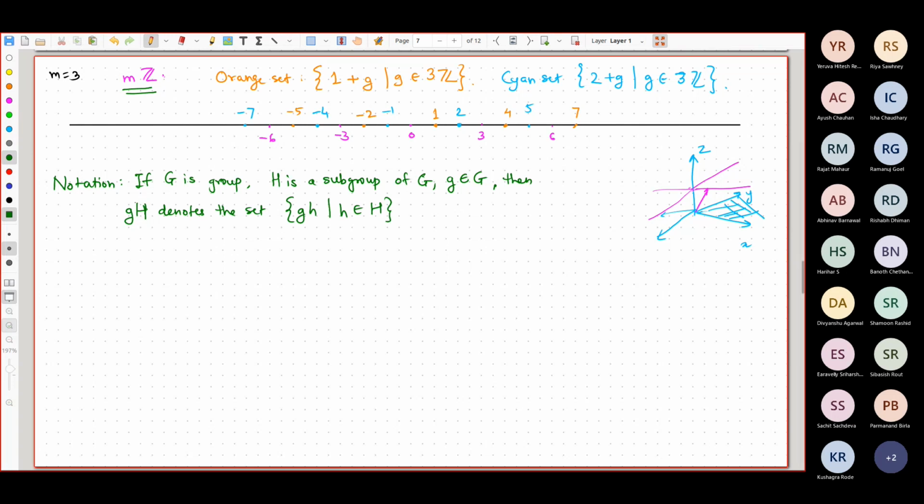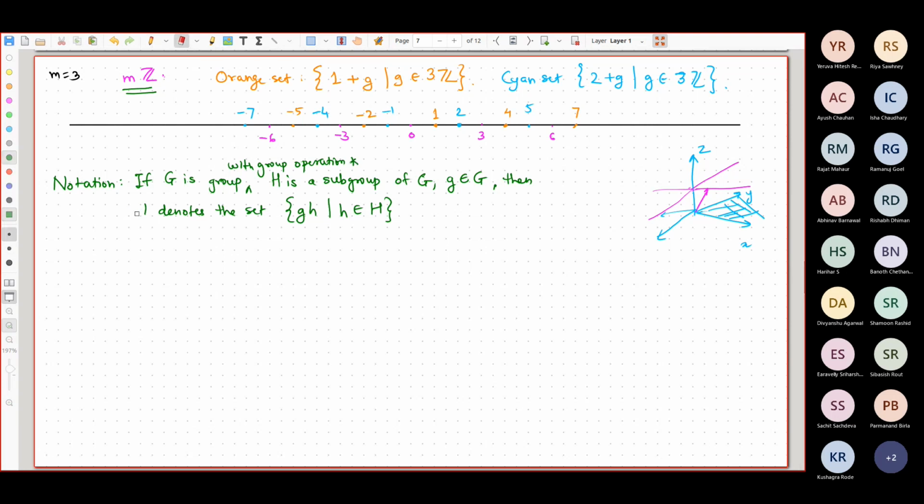Intuitive, right? So take every element of H. Sorry, I should have mentioned the group operation, let's say star.